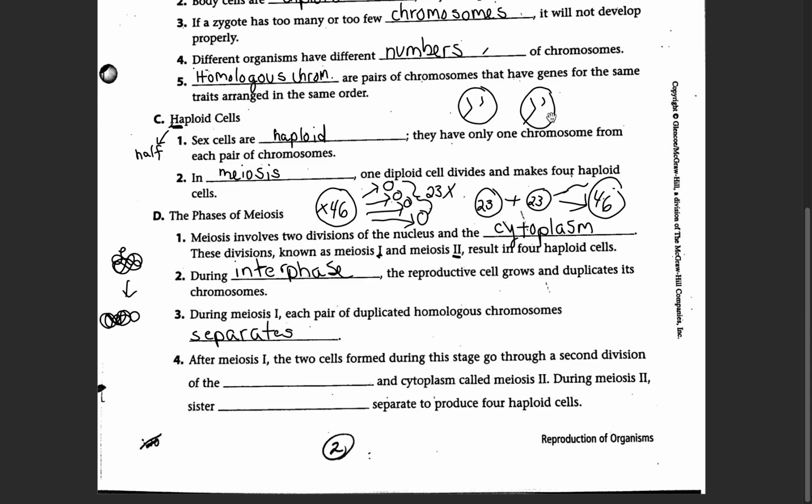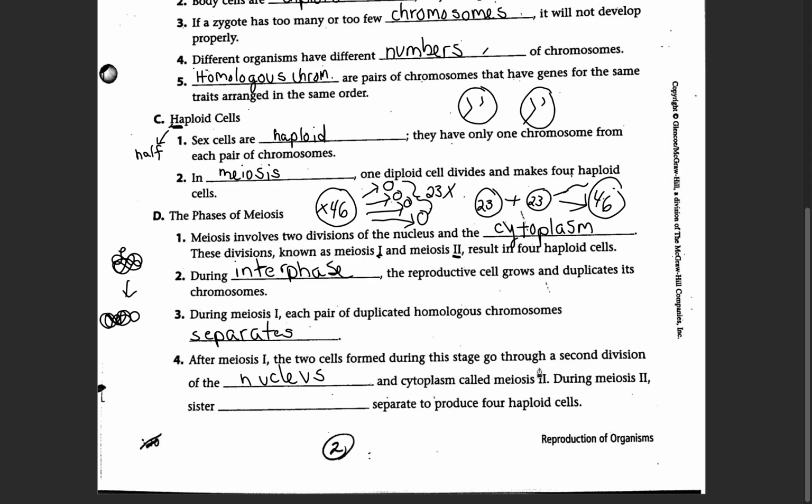After meiosis 1, where those homologous chromosomes separate, two cells form and go through a second division of the nucleus and cytoplasm called meiosis 2.